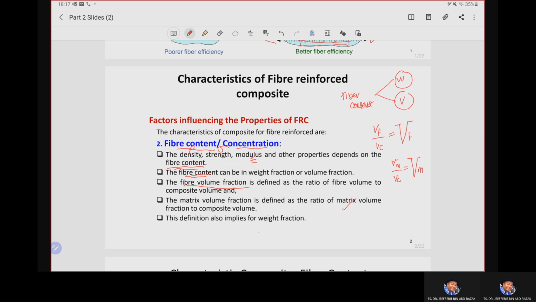The same goes for weight fraction, where the matrix weight fraction is Wm divided by Wc, equals the matrix weight fraction, and Wf, the weight of fiber, divided by the weight of composite equals the weight fraction of fibers.